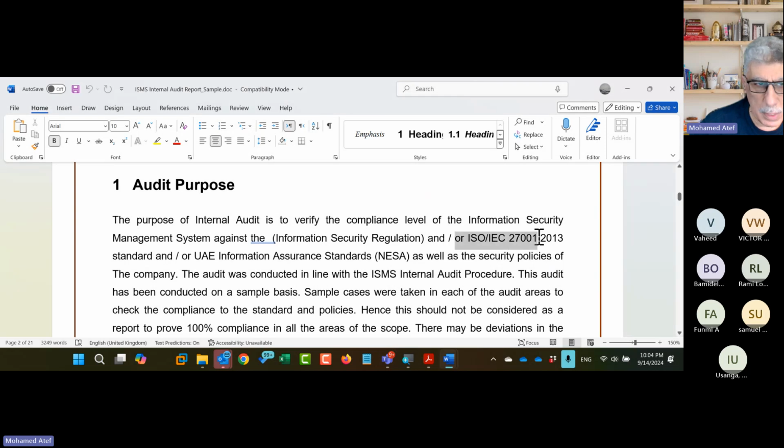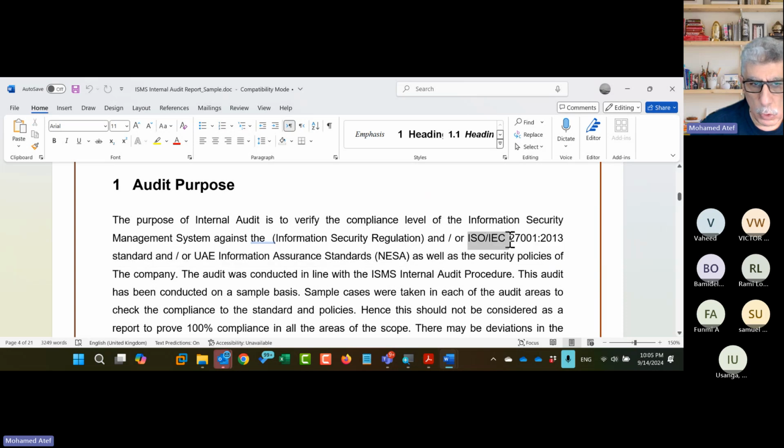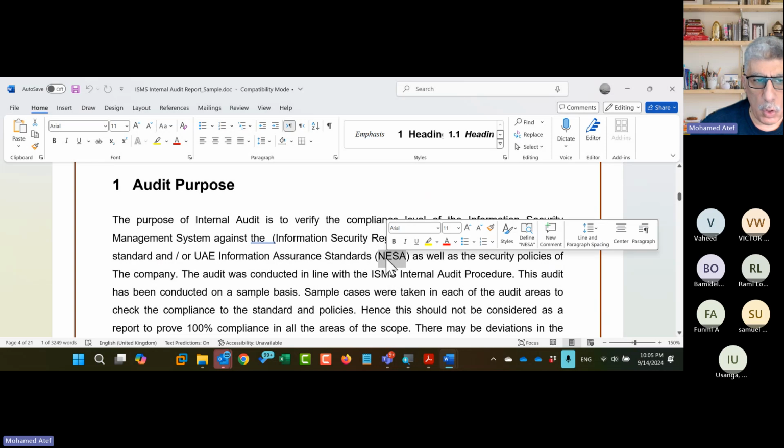Of course, this was the previous version, and information security regulation. If there is any other standard you are following and you need to include it inside the audit, you can do that. So one audit could fulfill different standards, but they have to be related. The ones that we are referring to here, the ISR and NISA and ISR, are all information security audits.